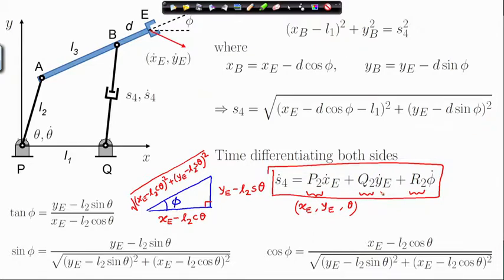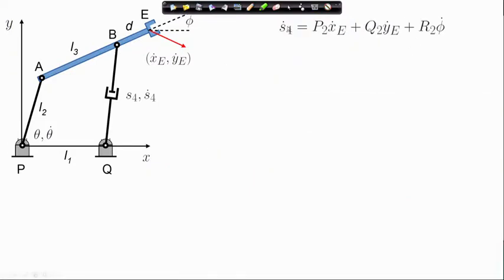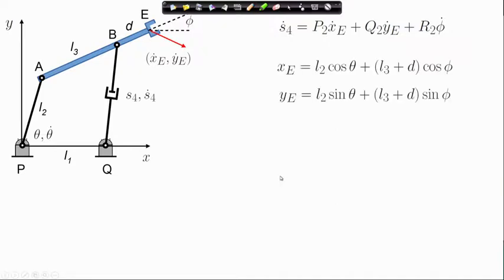Now, how to determine phi dot? Here I have rewritten that expression and I have also rewritten the displacement relation and this expression of tan phi.